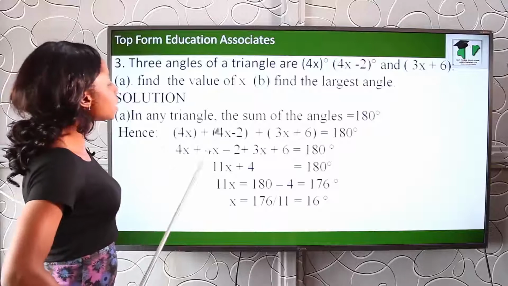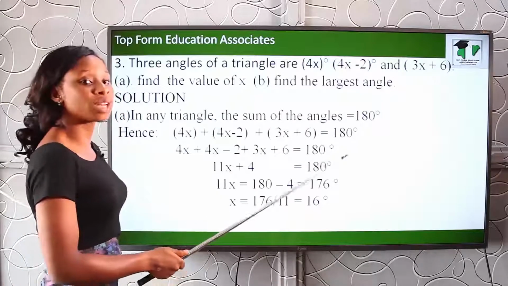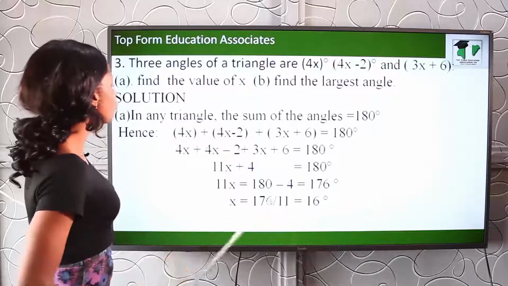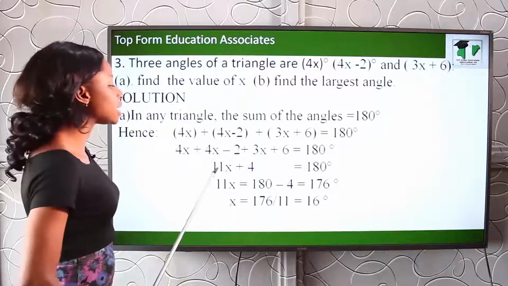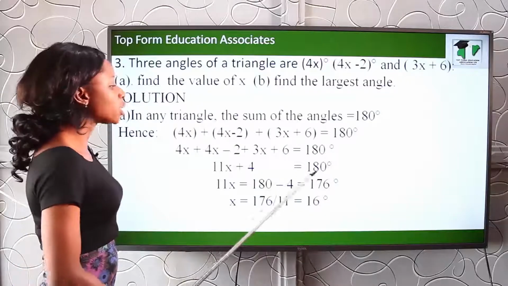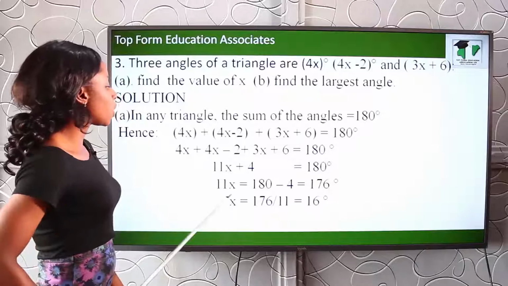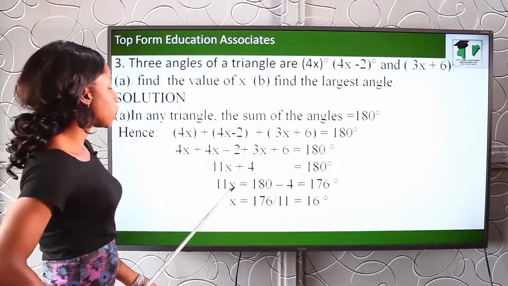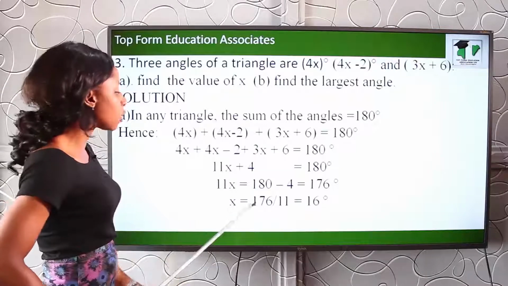Hence, 4x plus 4x minus 2 plus 3x plus 6 is 180 degrees. Simple equation. We simplify this and get 11x plus 4 equals 180 degrees. Now we collect like terms, making x the subject of the formula.